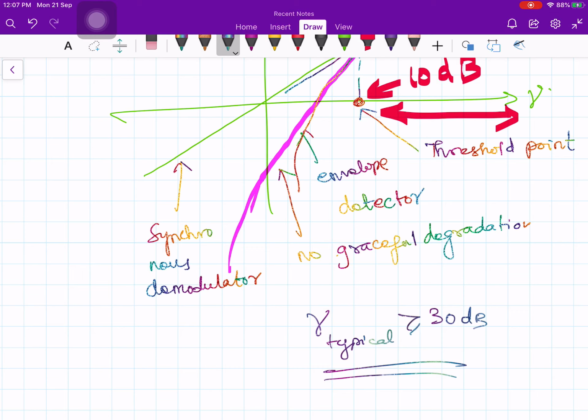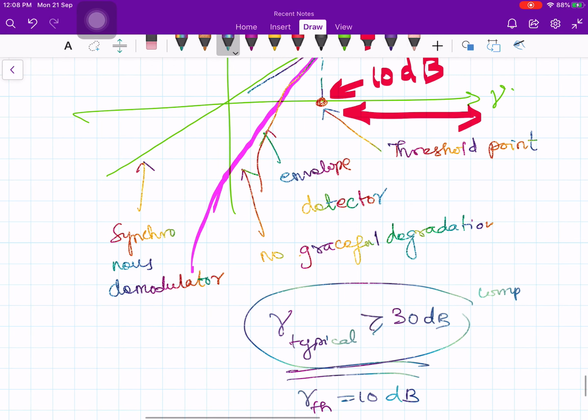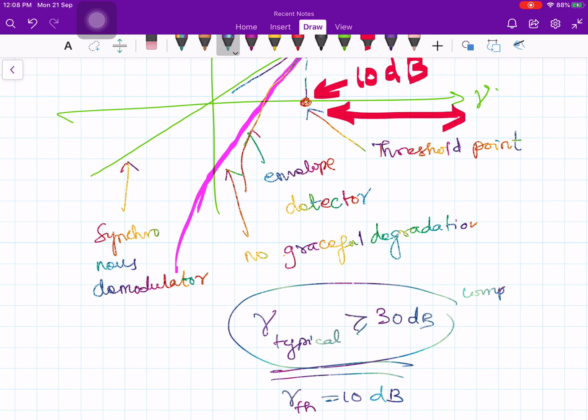The gamma threshold is 10 dB, but in typical commercial applications, the gamma value will be greater than 30 dB.